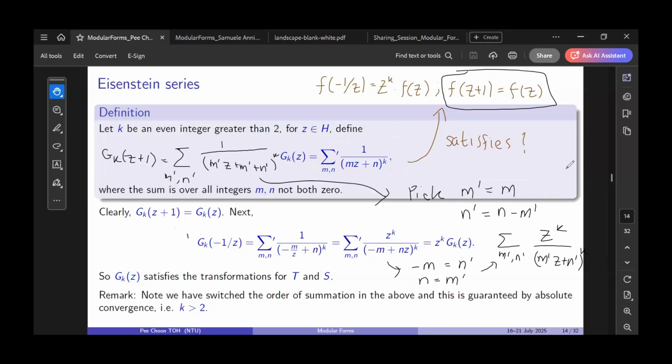So now we have proved that g_k(-1/z) is equal to z to the power of k times g_k(z), which means this property is also true. And since this means that g_k satisfies the transformation for T and S, as we have talked about before, this means that g_k(z) is a modular function.